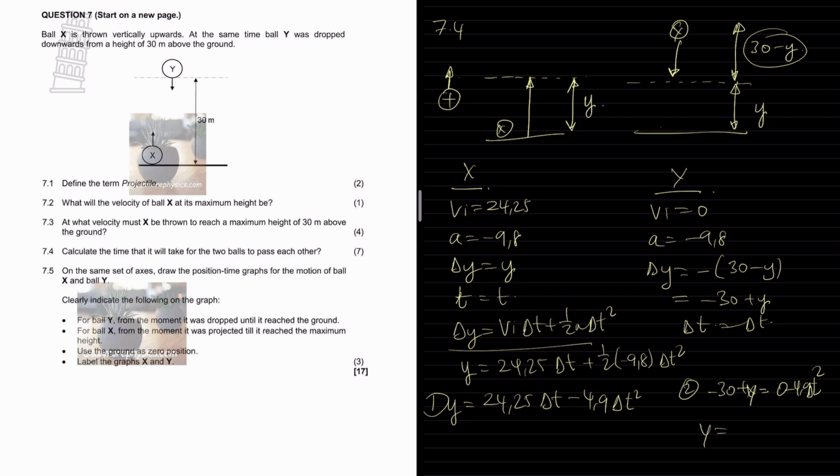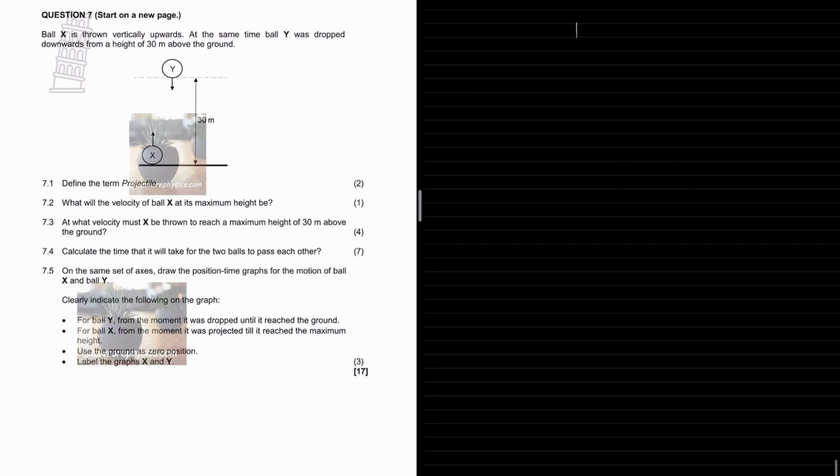So y is equal to minus 4.9 delta t squared plus 30. Now we can equate 1 equals 2. And so we're going to get 24.25 delta t minus 4.9 delta t squared equals minus 4.9 delta t squared plus 30. That disappears. Delta t is equal to 1.24 seconds.